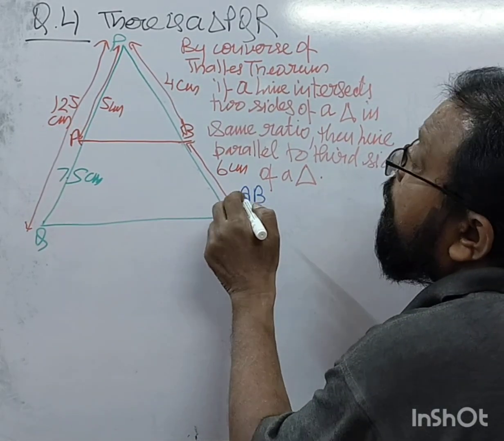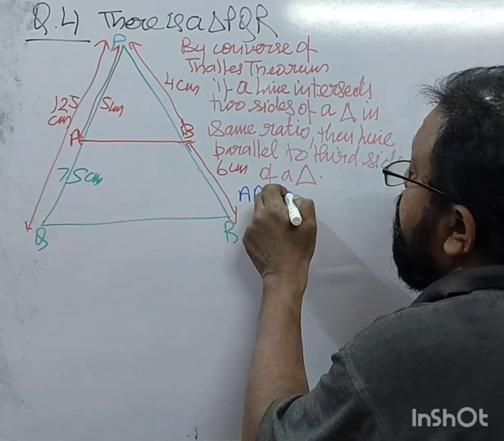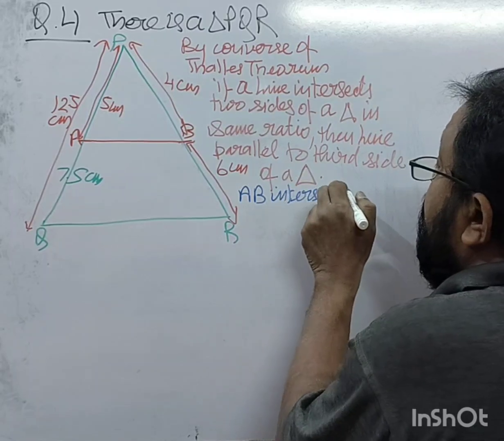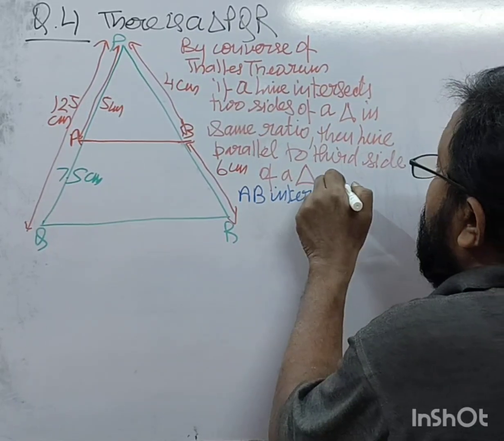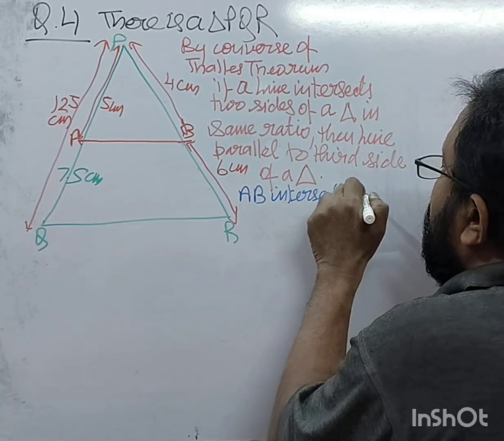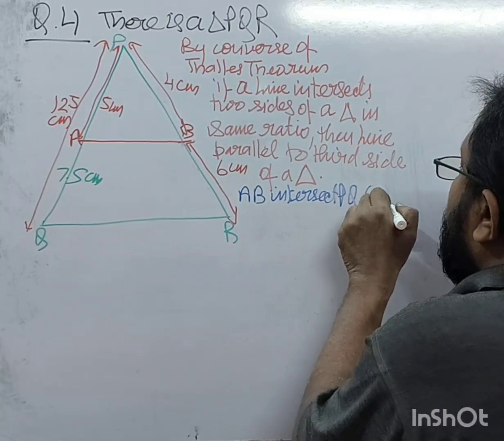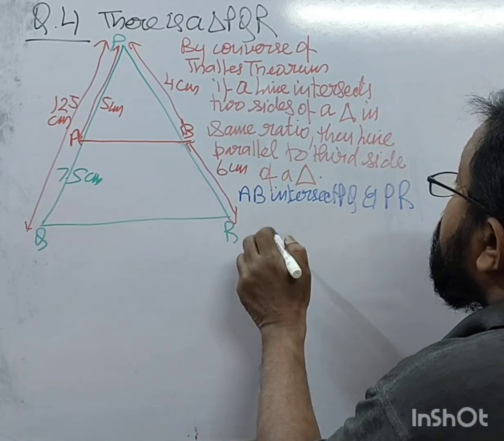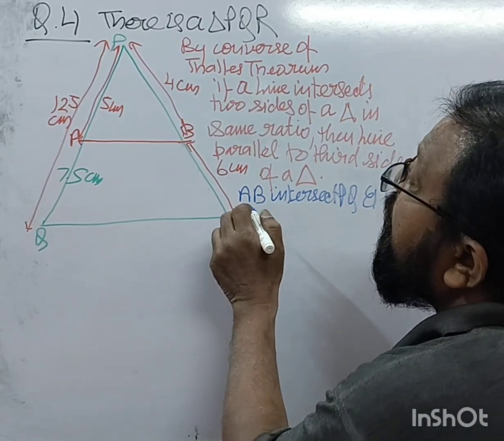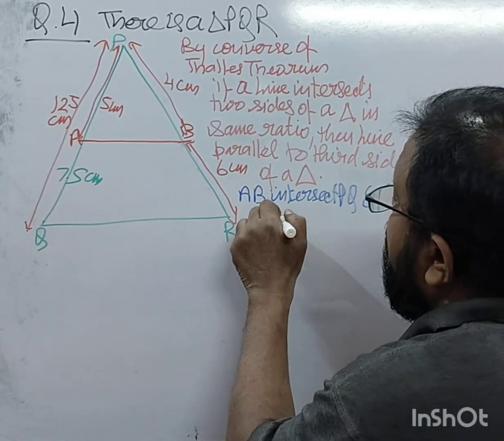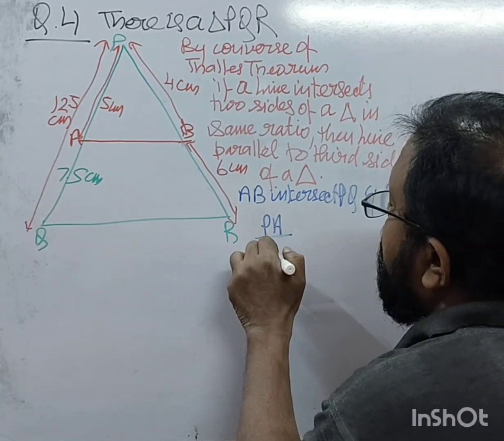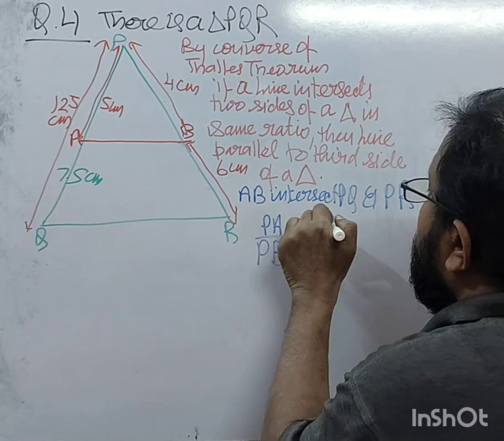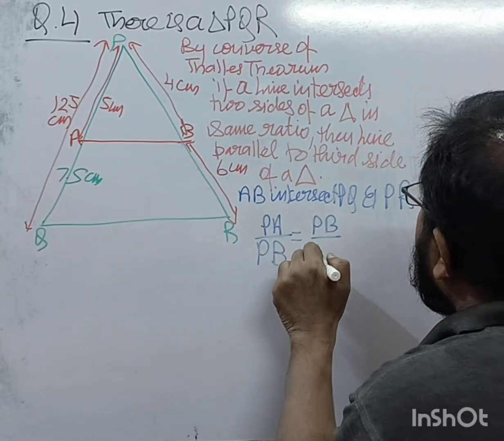So AB intersects PQ and PR. Right? So PA upon AQ is equal to PB upon BR.